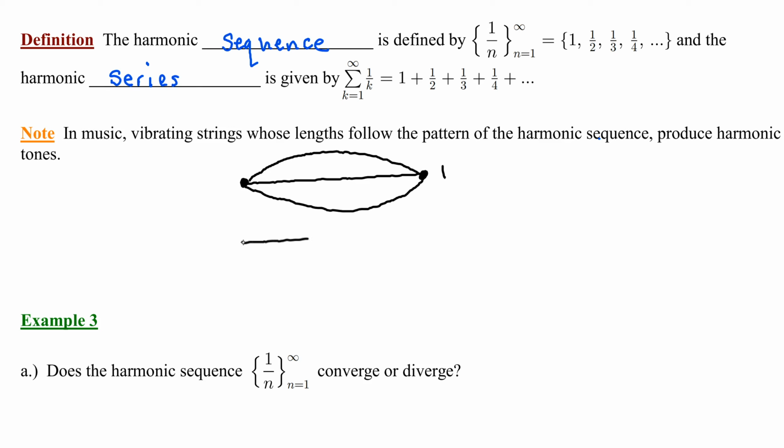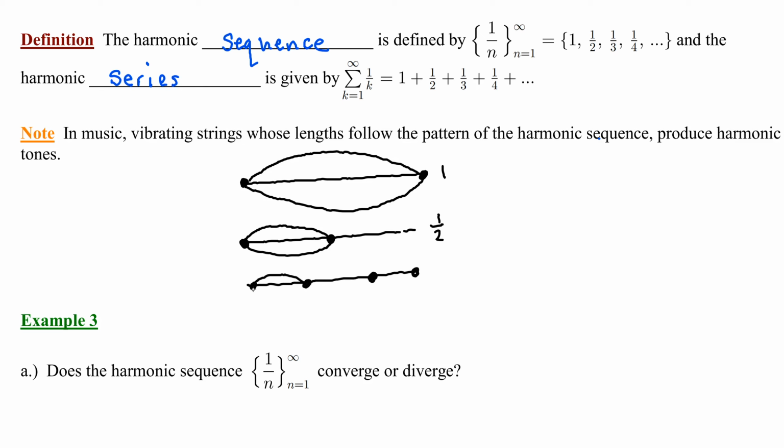Now, if I take that string and I divide it at a node in the very center, and I pluck the string here, then the string's going to vibrate above and below its equilibrium position. The length of that string was half of the original string. Now, if I divide it into thirds, for example, and again, that's not exactly perfect, but I've got 1, 2, 3 sections.